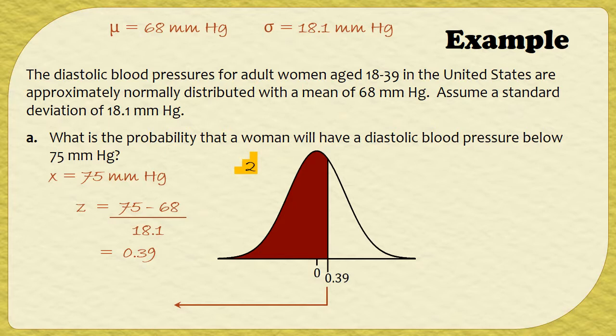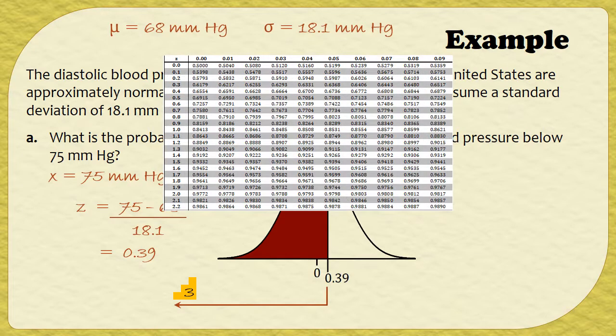For this example, let's review using the table. To use the table, I'm going to need to know this z-score of 0.39. To find the area on the standard normal curve below 0.39, I need to look in the row for 0.3 and the column that has the 9 in it.